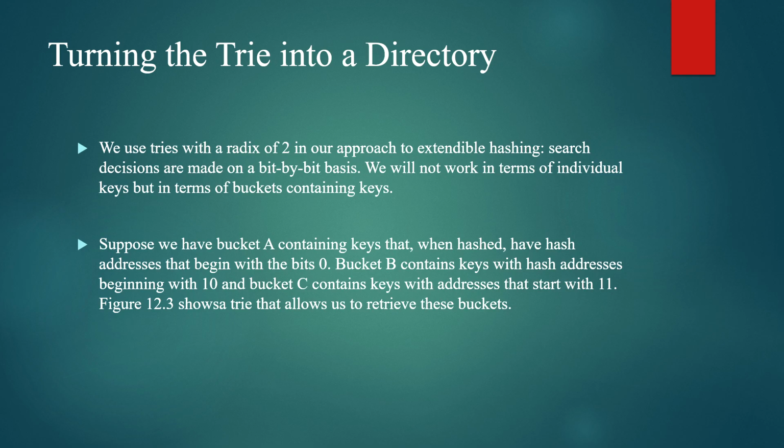Suppose we have a bucket A containing keys that, when hashed, have a hash address that begins with the bit 0. Bucket B contains keys with a hash address beginning with 10, and a bucket C containing keys with an address that starts with 11. Figure 12.2 shows how the trie allows us to retrieve these buckets.